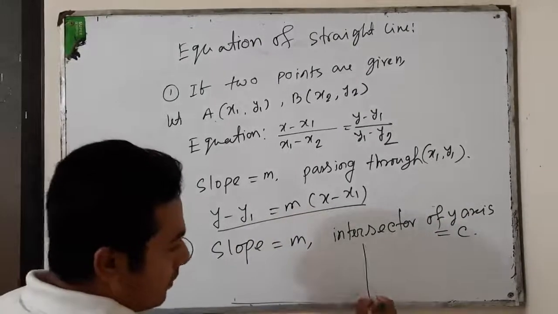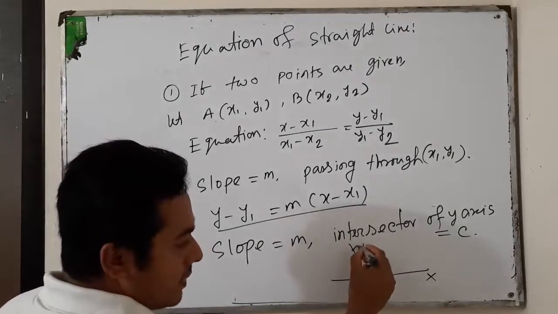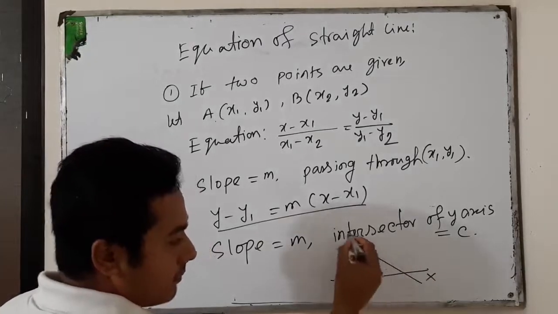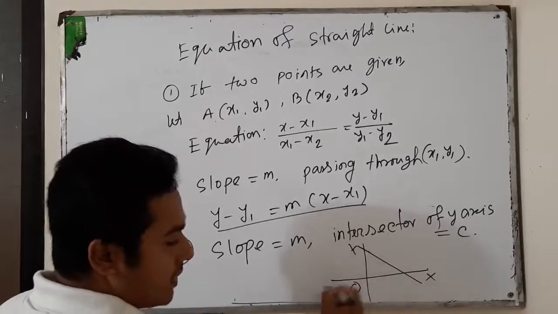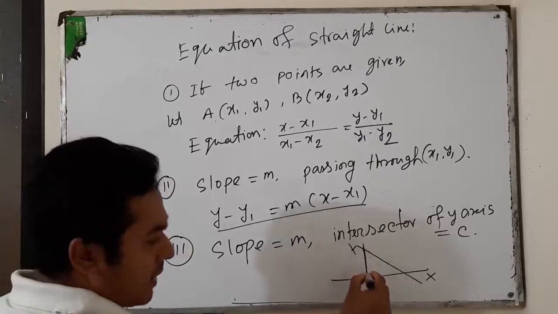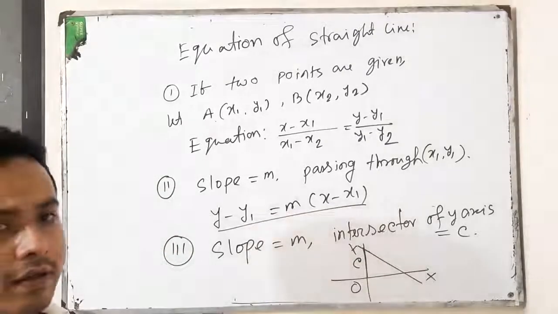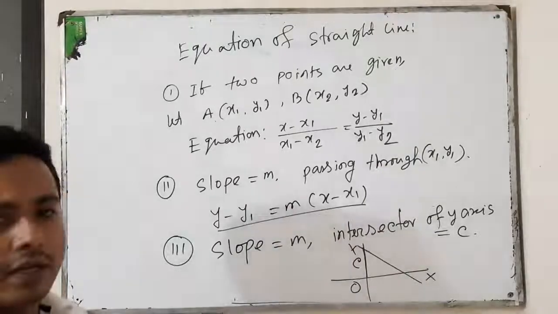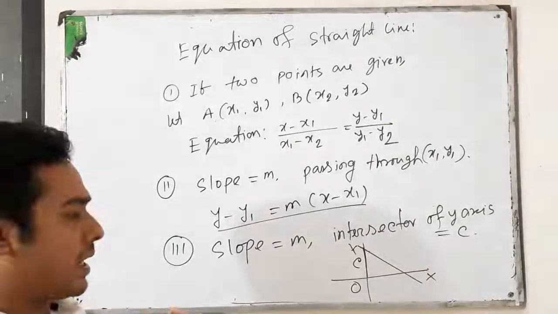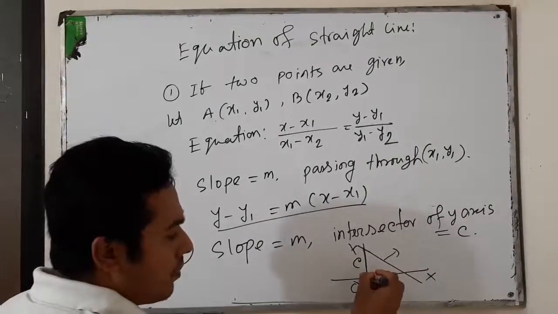As an example, this is the x-axis, this is the y-axis. This is the straight line. This is the origin of the axes. This y-intercept is c. The meaning of y-intercept is the portion intercepted by this straight line from the origin.